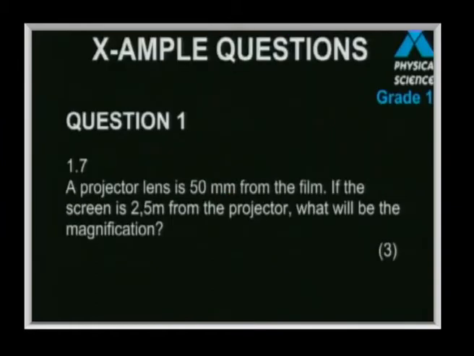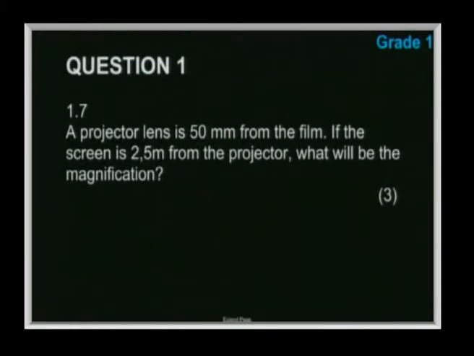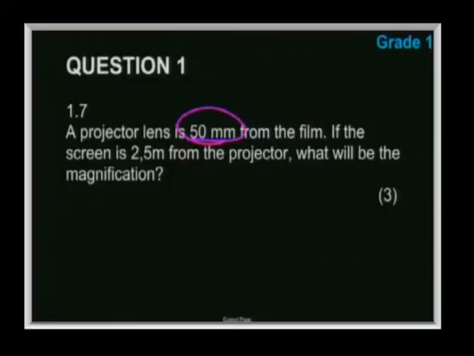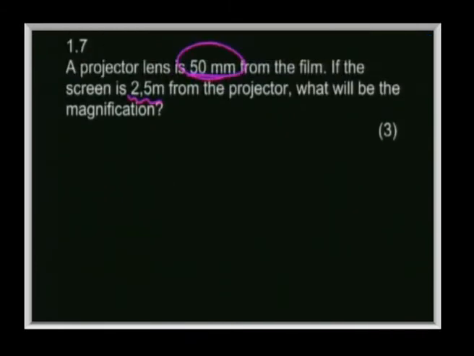Let's move on to the next question. There's still a 1.7 over here. They tell us that a projector lens is 50 millimeters from the film. If the screen is 2.5 meters from the projector, what will be the magnification? So this is almost the type of scenario that we're looking at.